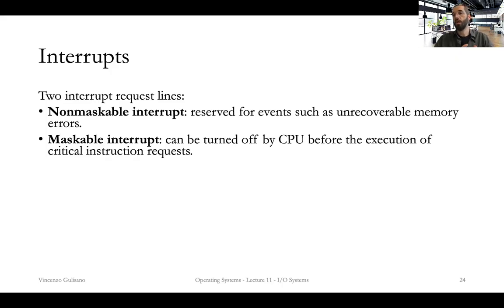So basically, you can physically prevent the CPU from checking again for interrupts that are not really important if you know that for a specific period of time, the CPU is running code that belongs, for example, to the operating system to serve a critical interrupt. Okay, for example, an unrecoverable memory error, as we see here in the slides.